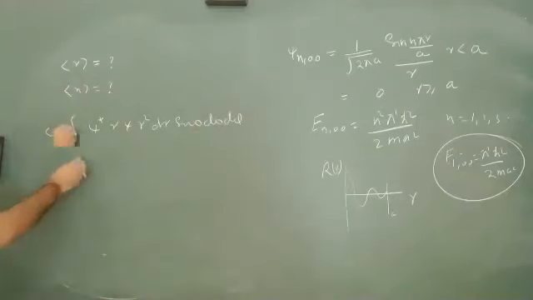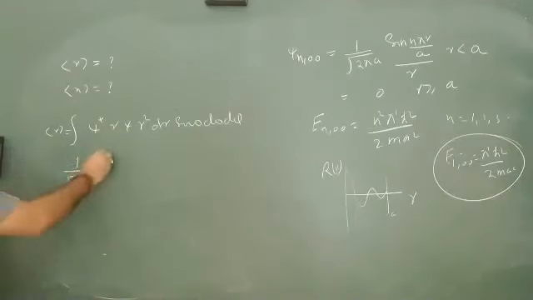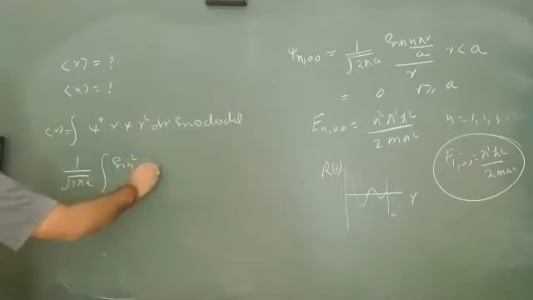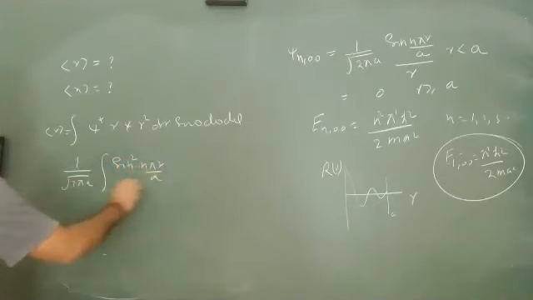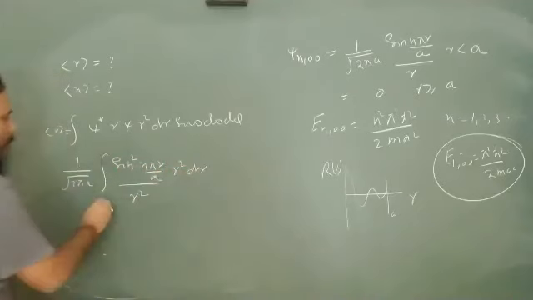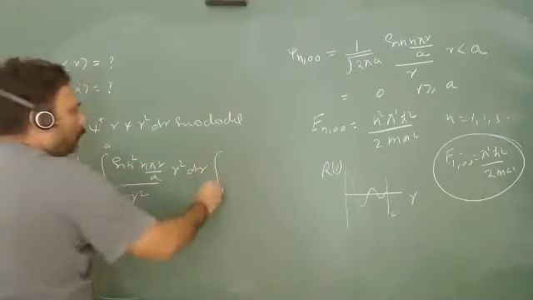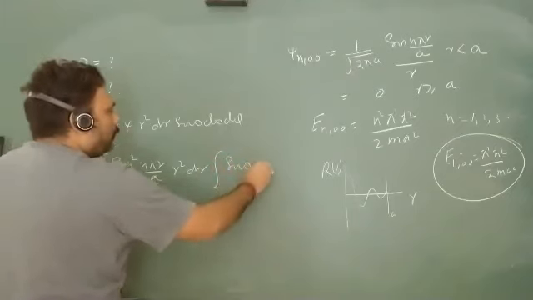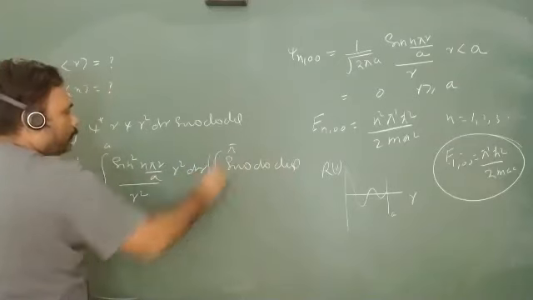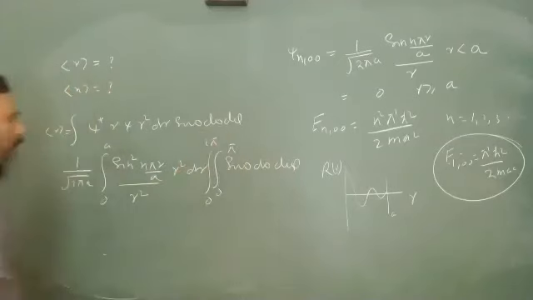So this will be written as 1 upon 2 pi a, and here you have wave function sine square n pi r upon a, r square dr from 0 to a, and you have sine theta d theta d phi from 0 to pi and 0 to 2 pi.